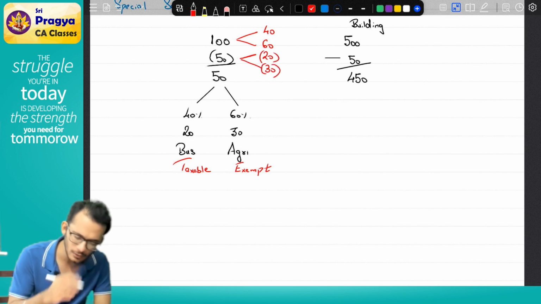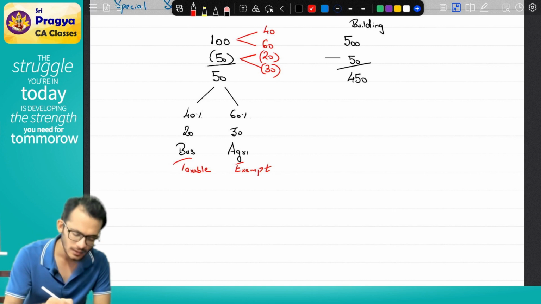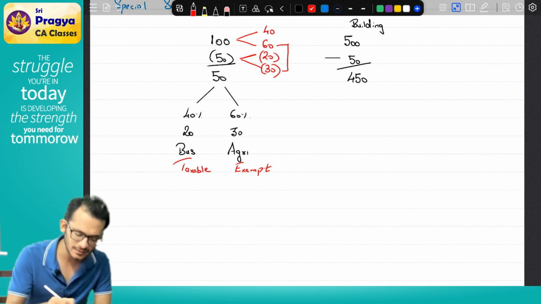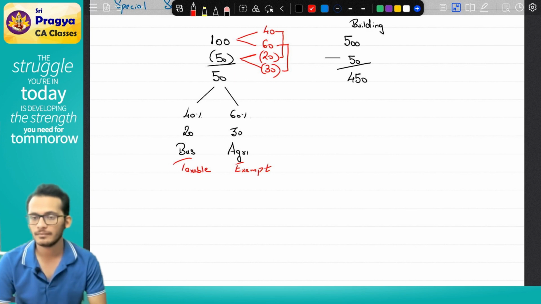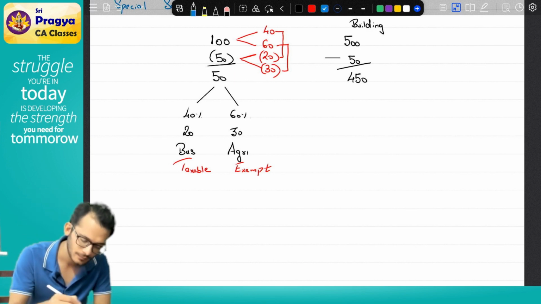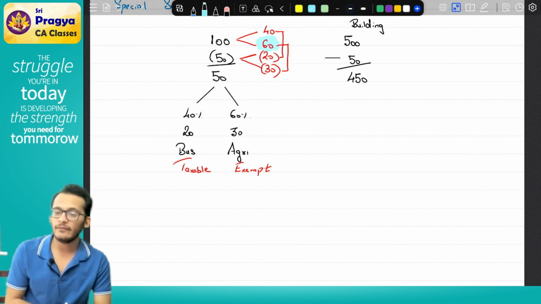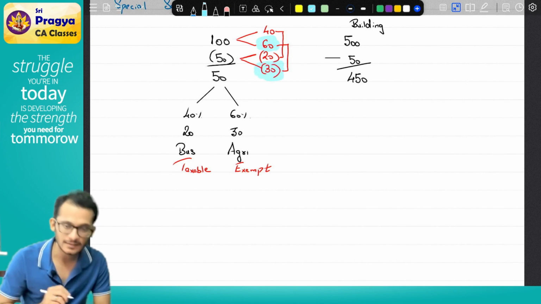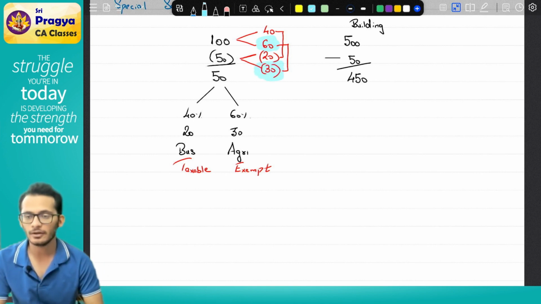Technically, if you think about it, my agriculture income was 60 minus 30. Yes or no? And my business income was 40 minus 20. Now, my agriculture income is exempt. So this 60 was exempt, but with the 60, the 30 also became exempt. Yes or no?